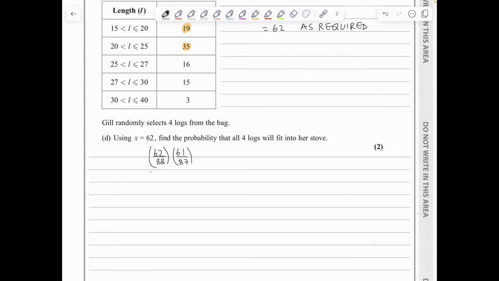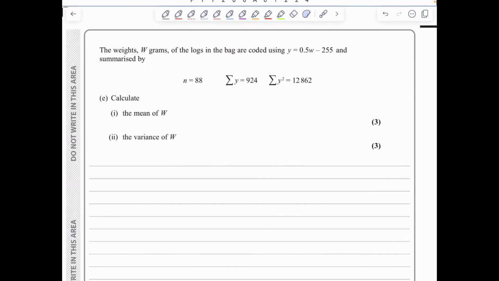Then it's 60 over 86, and then it's 59 over 85. Now if I do this calculation on my calculator, I get 0.239.